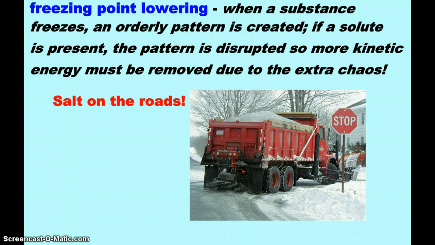This is why we put salts on the road at winter time. Now, the salt only works at certain temperatures, but 32 degrees Fahrenheit is when water freezes. So if the roads are 32 degrees Fahrenheit, then we can have the snow or freezing rain freeze on the surface. However, if we put the salt down, then we create a salt water solution.